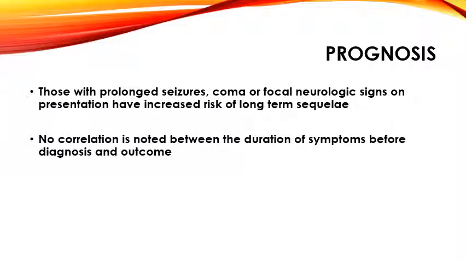Those with prolonged seizures, coma, or focal neurological signs on presentation have increased risk of long-term sequelae. However, no correlation is noted between the duration of symptoms before the diagnosis and outcome.